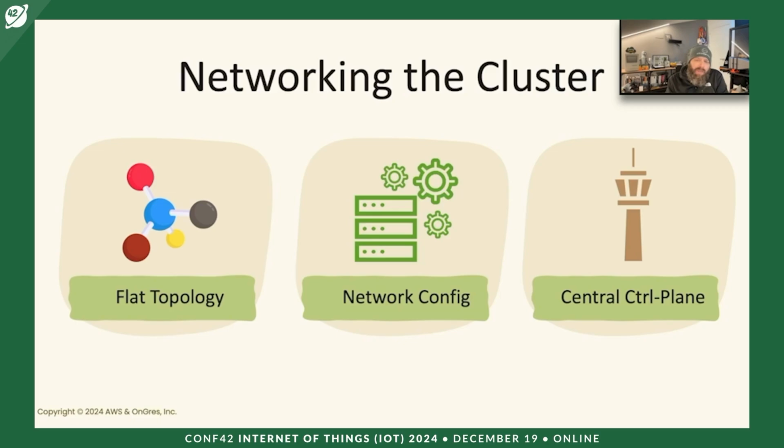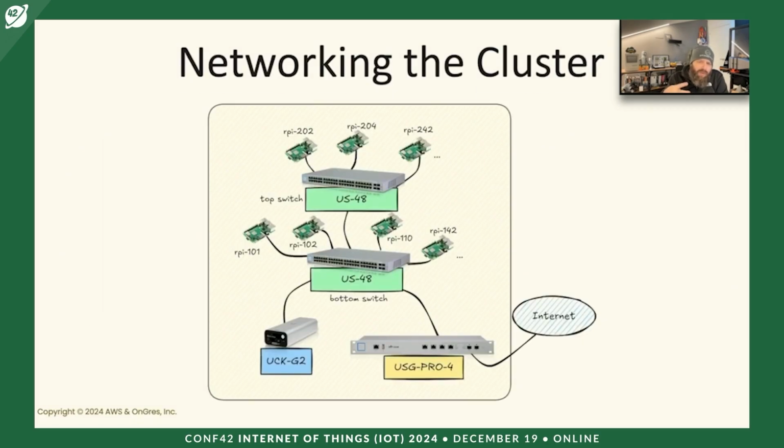Here is a bit of how we implemented the structured topology, where we're using 2 switches of 48 ports connecting the 63 Raspberry Pis, and the switches handle the intra-cluster communication, ensuring low latency connectivity between all the nodes.